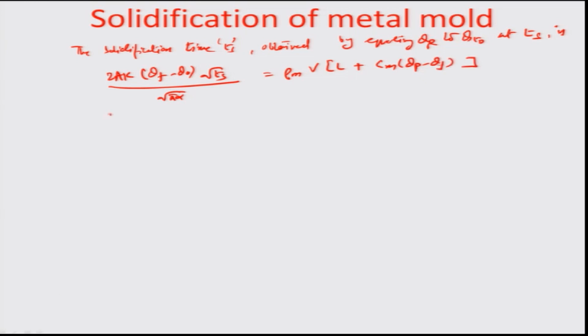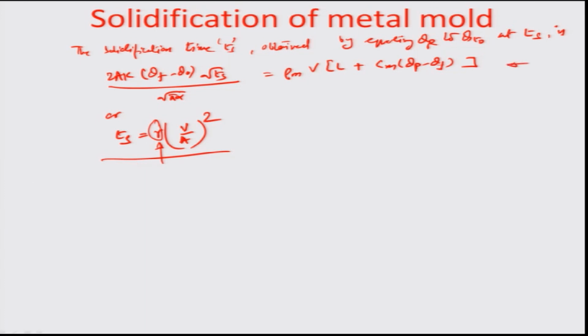Or the total time of solidification Ts can be proportional to the volume per unit area square, or the square of the length dimension, and this gamma right here is a constant which is generated from this particular equation.